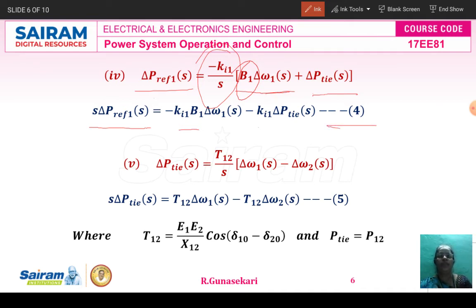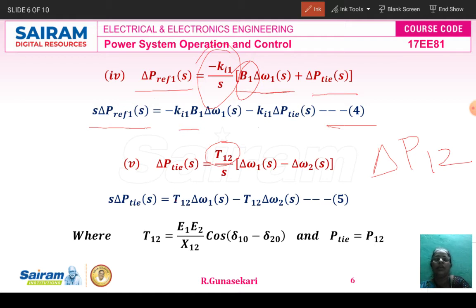Okay, then next we derive the equation for the tie line power, that is del p12, which is equal to what? Del p12. So therefore del p di of s equal to t12 divided by s. The t12 is nothing but the time constant between 1 and 2 only.